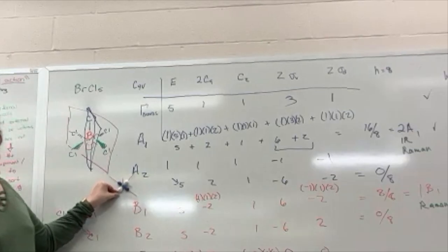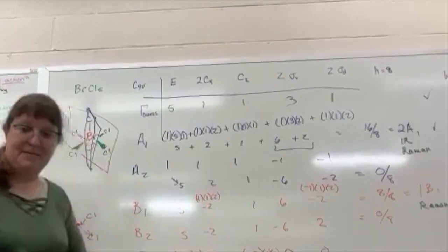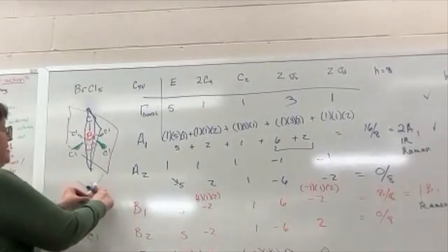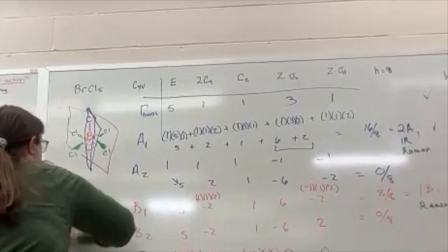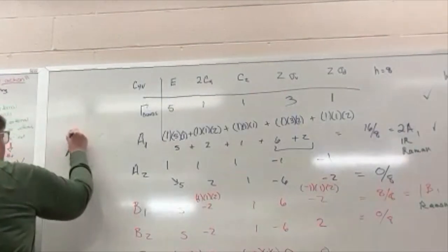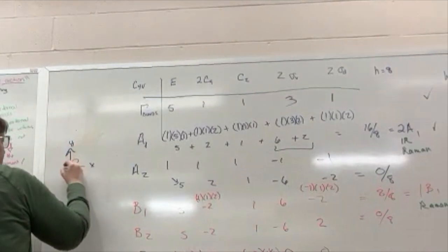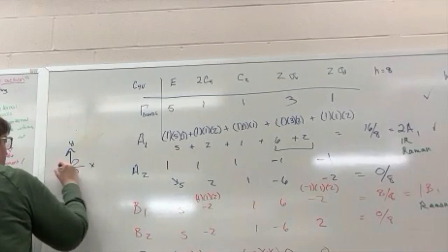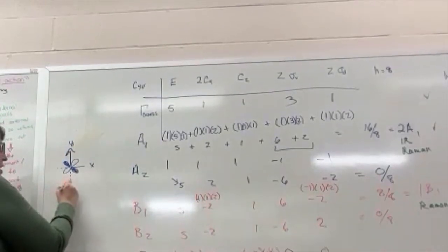So how do you even tell? The ones that have no square are between the axes. The ones that have a square are on the axes. See, this is the axis here and here. If I have the y-axis here and the x-axis here, so I'm looking down the z, this is going to be x, y.